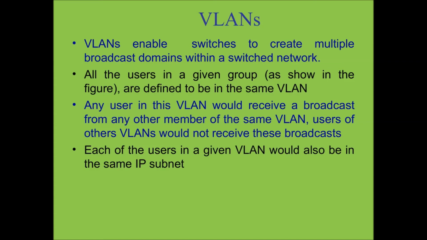Let's suppose if class B is used for 5 or 10 computers, then the addresses for all VLAN 1 must be categorized in class B of the IP addressing scheme. Next point, any user in this VLAN would receive a broadcast from any other member of the same VLAN. Users of other VLANs would not receive these broadcasts.